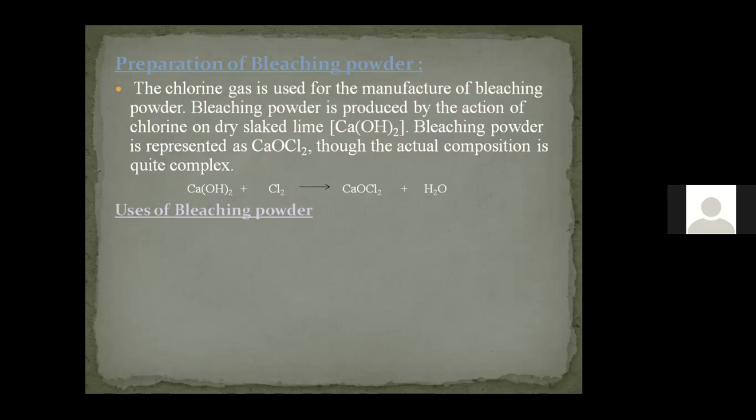So where do we use bleaching powder? Any uses you know about bleaching powder? It is used for the manufacture of chloroform. Bleaching powder is used in the manufacturing of chloroform. Used to clean the floors.